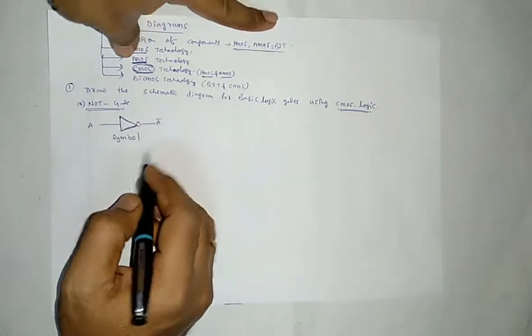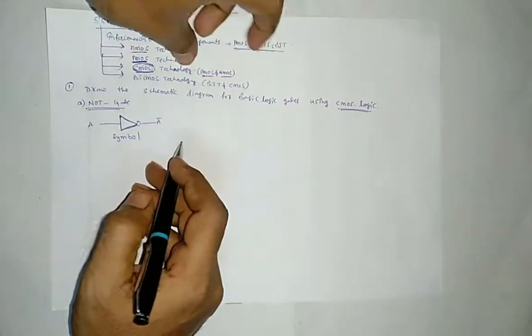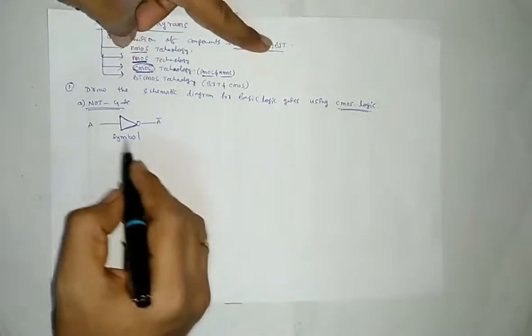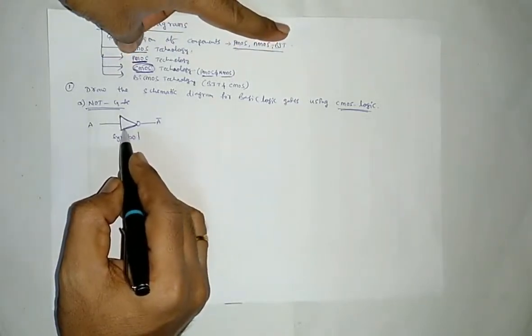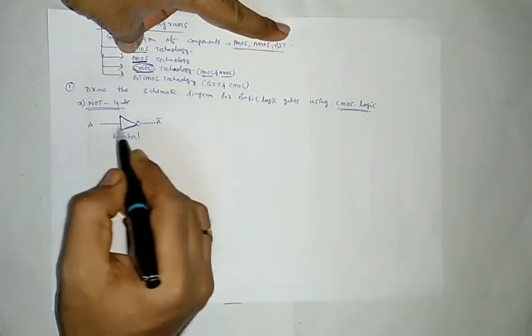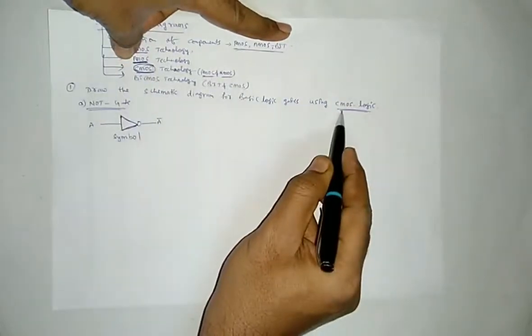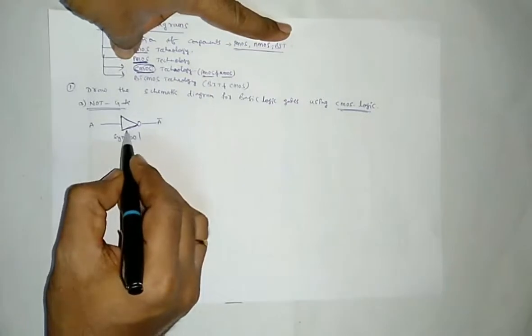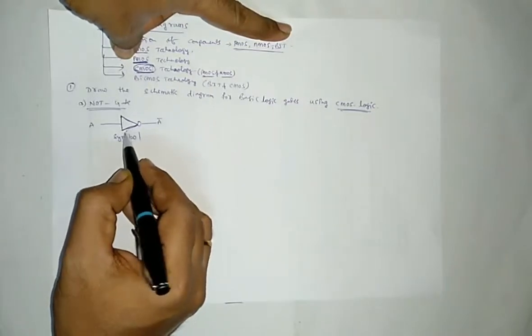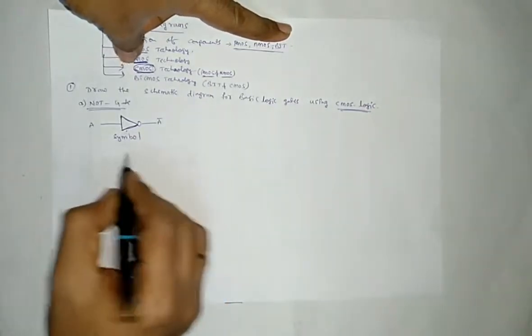That is nothing but the schematic diagram. This NOT gate internally consists of MOSFET transistors.